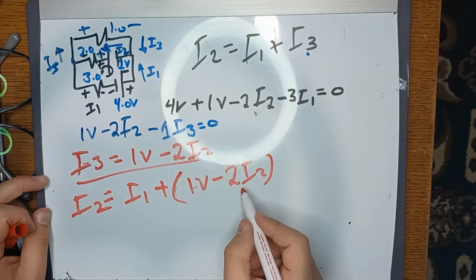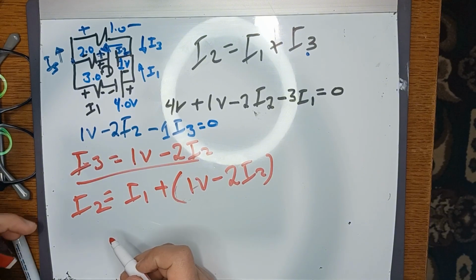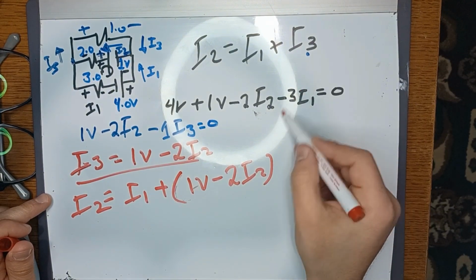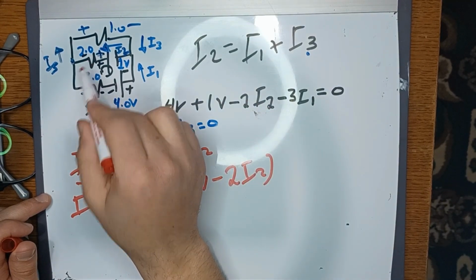when negative, we'll move it to the other side so that we isolate I1 by itself, because we want to get rid of all of these ones and want to keep I2 because we're solving for this resistor here, I2.